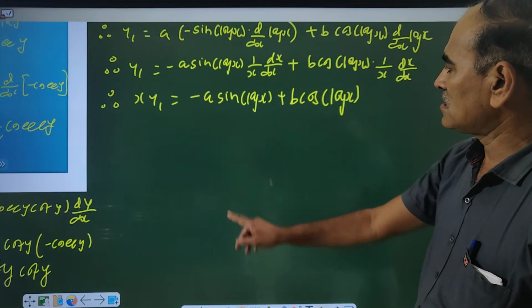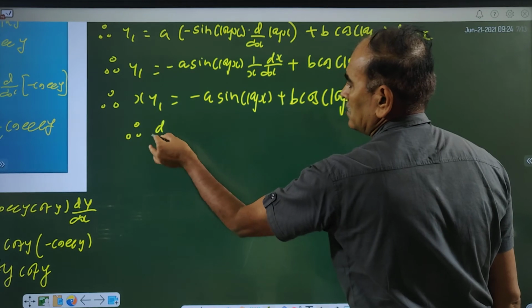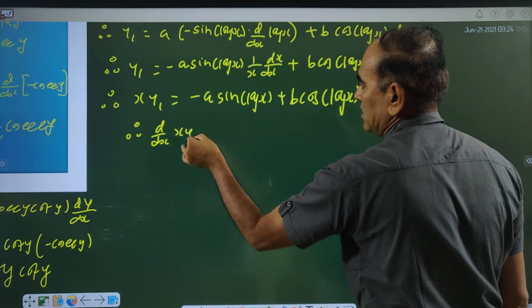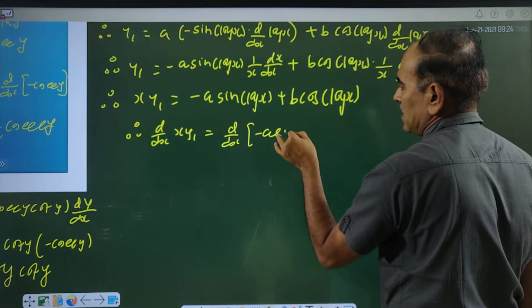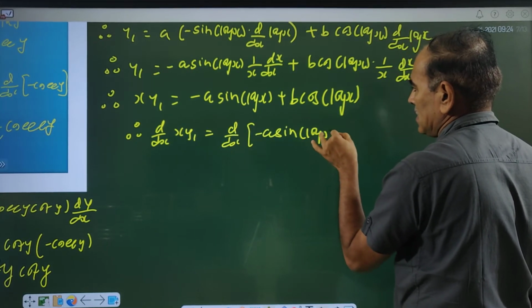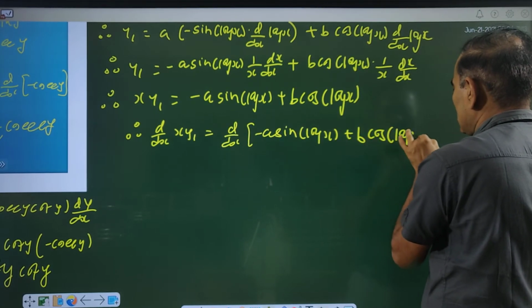Now differentiate with respect to x once again. Therefore d by dx of x y1 is equal to d by dx of minus a sin log x plus b cos log x.